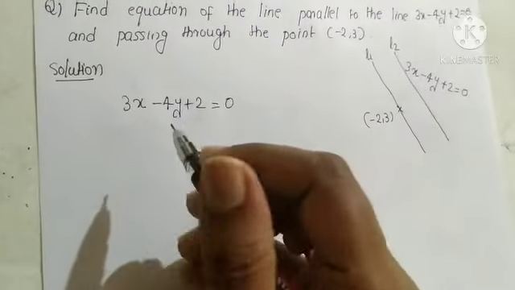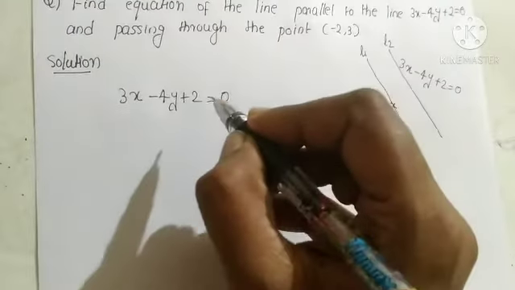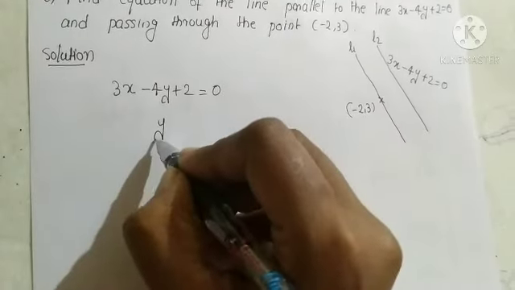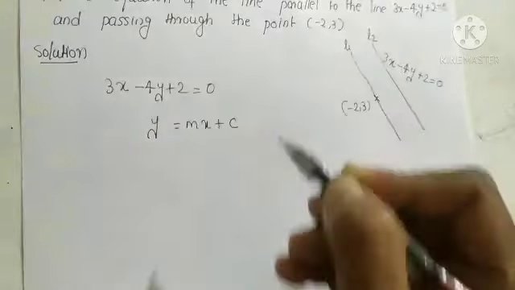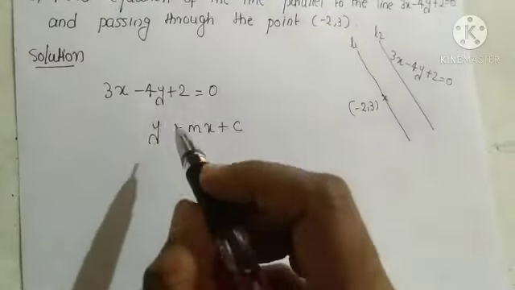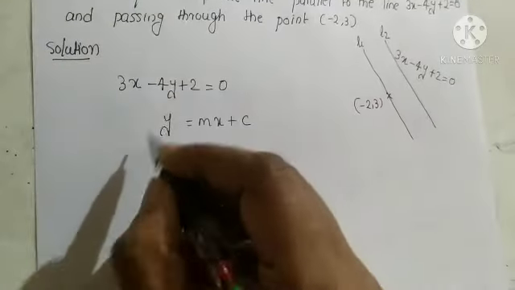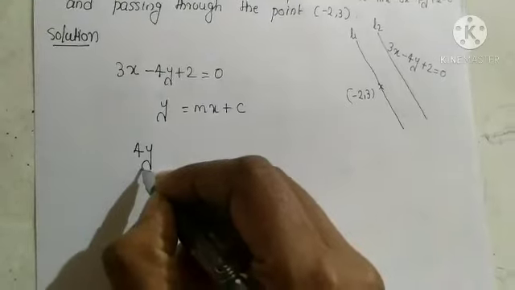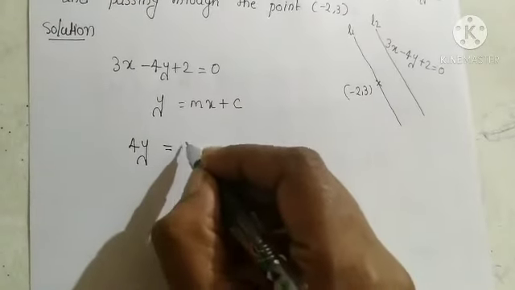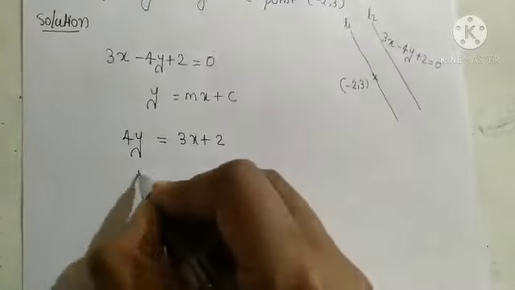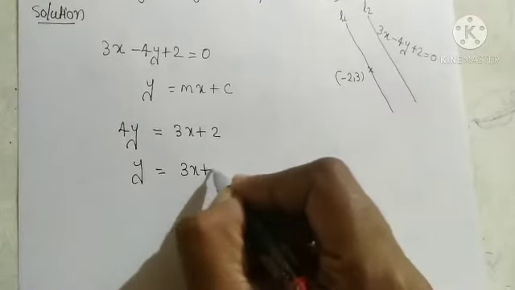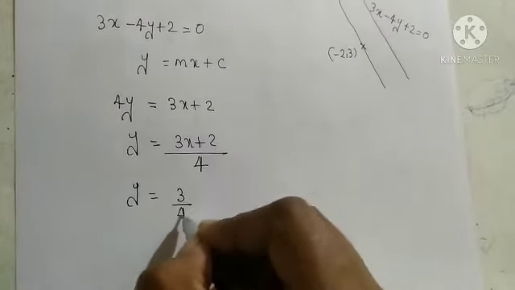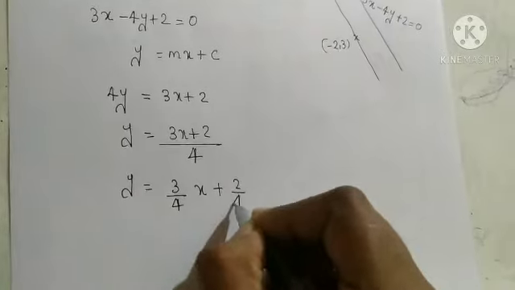From this, I am going to convert this equation of line into y-intercept form, y equal to mx plus c. For that I am going to take this minus 4y to RHS, it will become positive 4y and it will be equal to 3x plus 2. From this, y equal to 3x plus 2 whole divided by 4. Dividing individually we get 3 by 4 x plus 2 by 4.